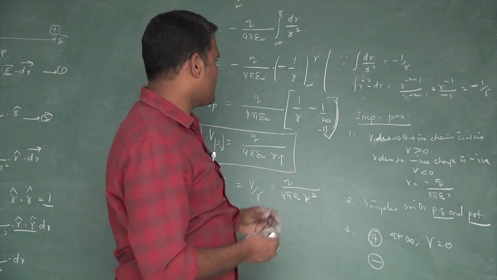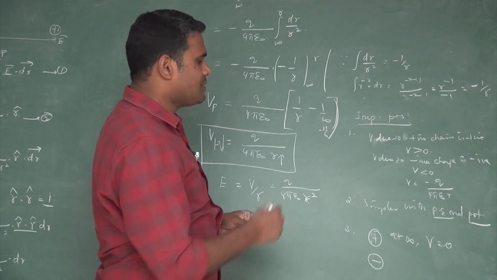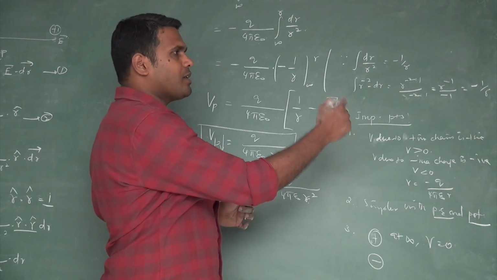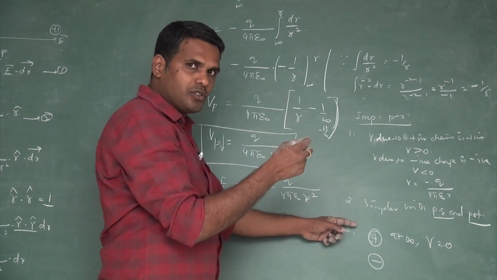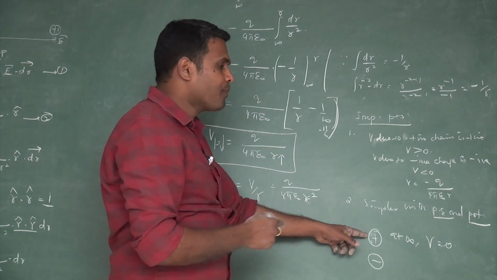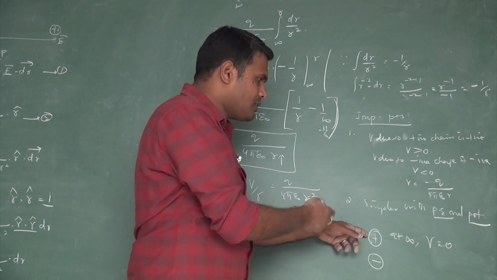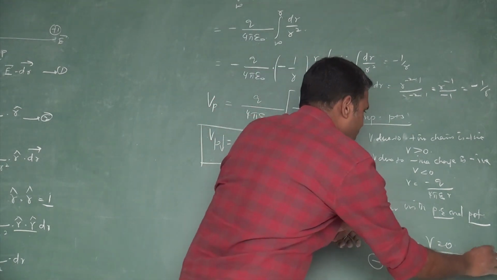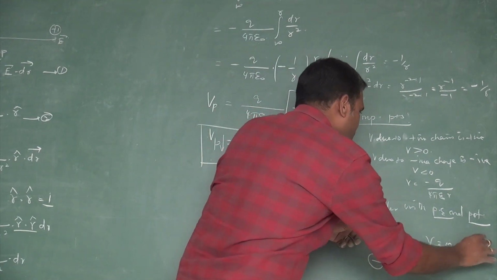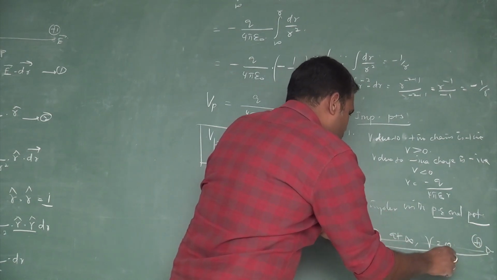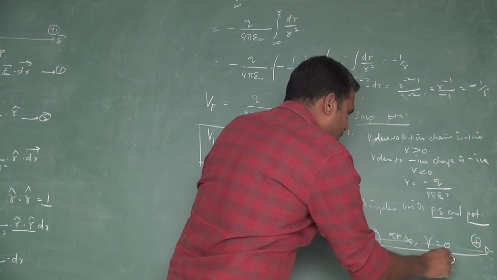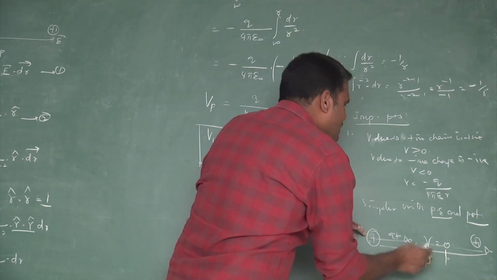Why? Reason is very simple. As we saw earlier, it is the amount of work done in moving a unit positive charge from infinity to that point. So you are moving a unit positive charge towards the positive source charge. The amount of work done to move the unit positive charge to this point and to this point differs.